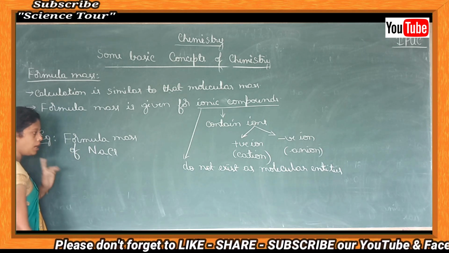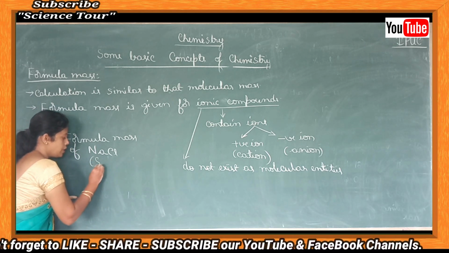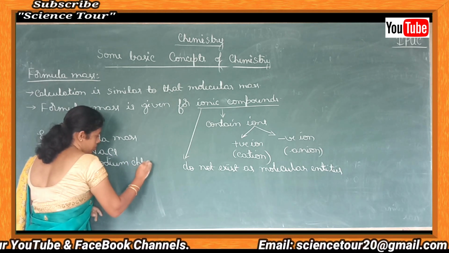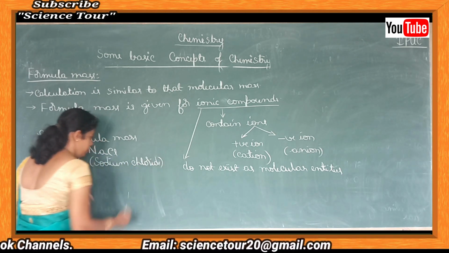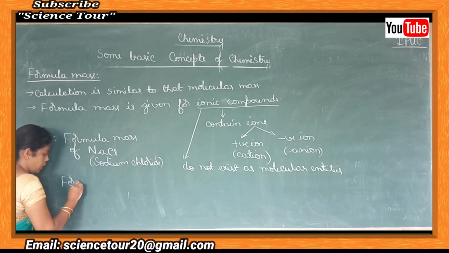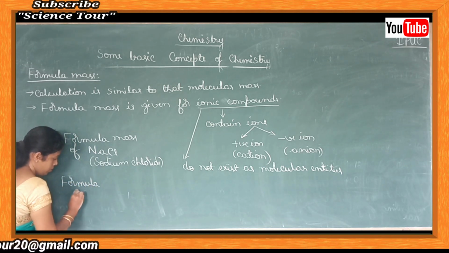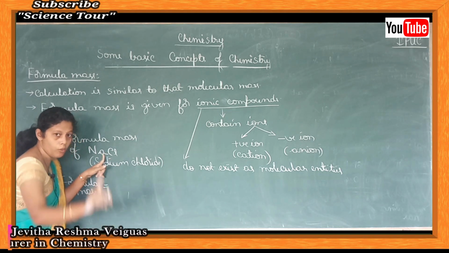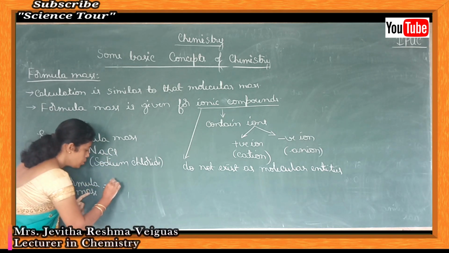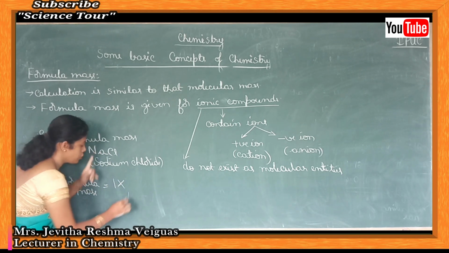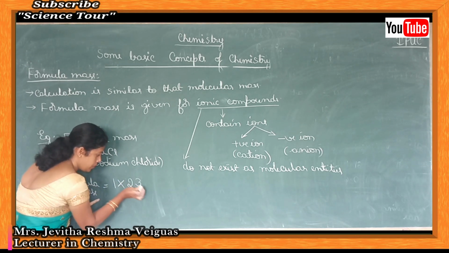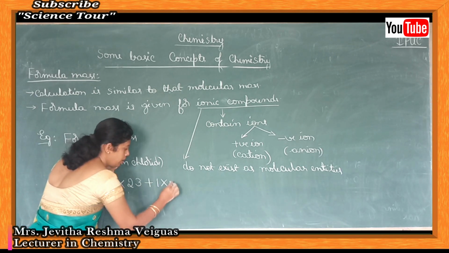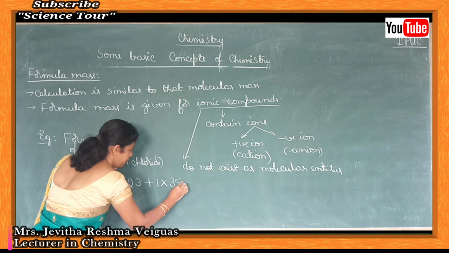Let's calculate the formula mass of NaCl, that is sodium chloride. How to calculate it? Look at the formula of the given NaCl: 1 Na, 1 Cl. So 1 into the atomic mass of sodium, that is 23, plus 1 into the atomic mass of chlorine, that is 35.5.